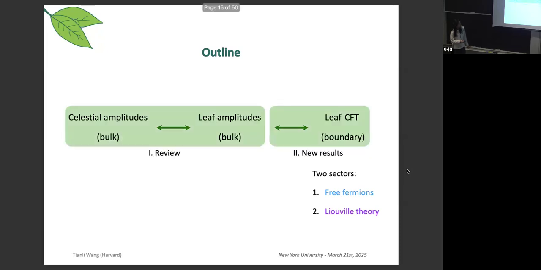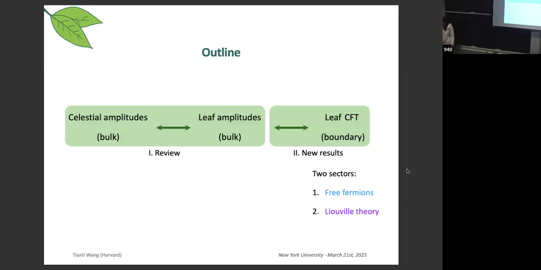So my talk has two main parts. In the first part, I will review the relevant basics of celestial holography, in particular celestial amplitudes, and tell you how to extract leaf amplitudes from these. And in the second part, I'll tell you about new results on the CFT dual. Okay, any other questions before I start with reviewing celestial amplitudes?